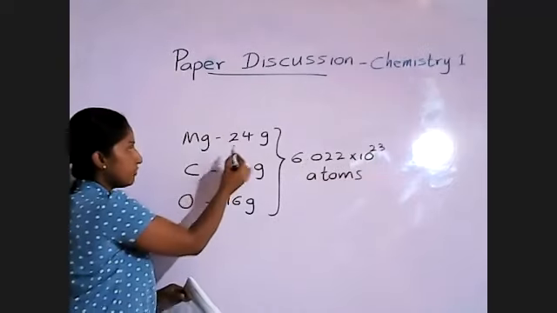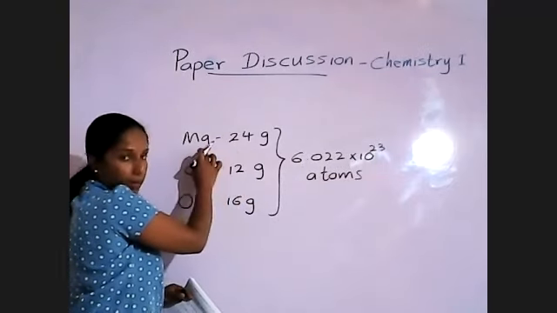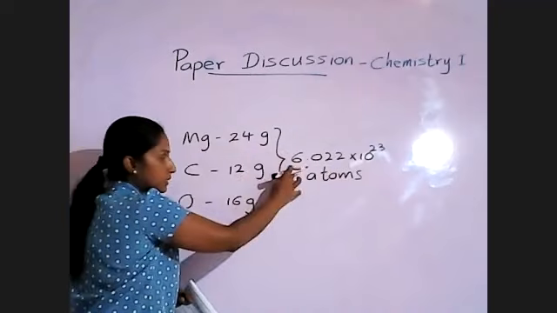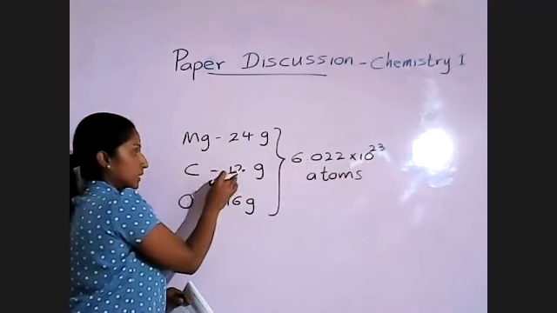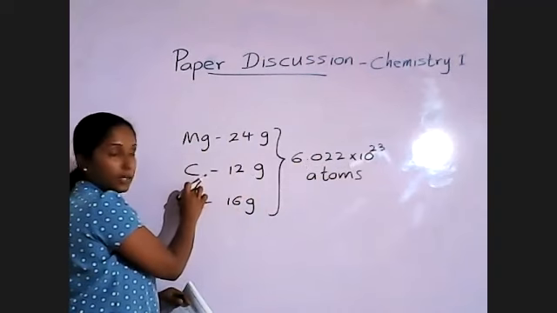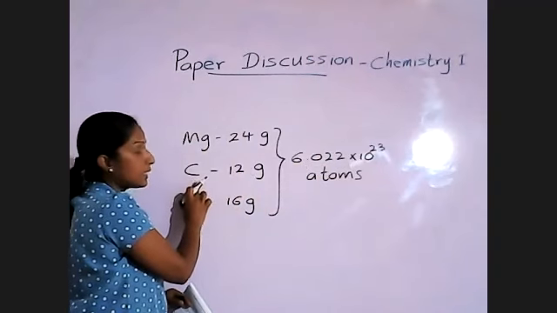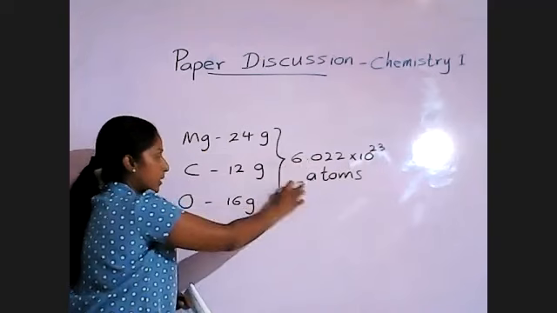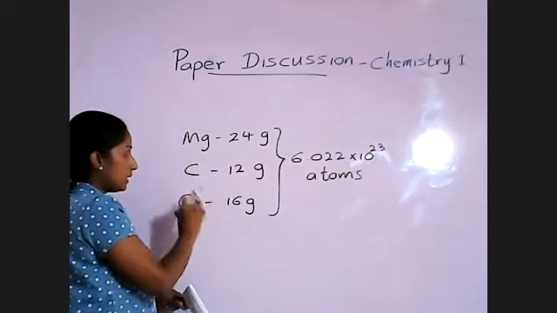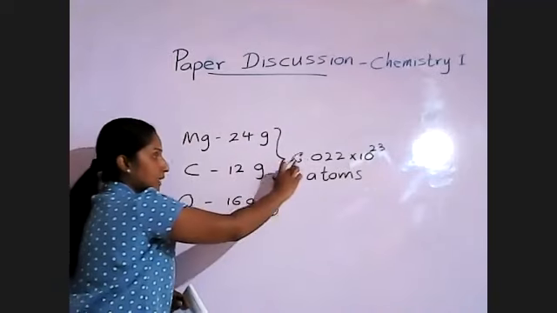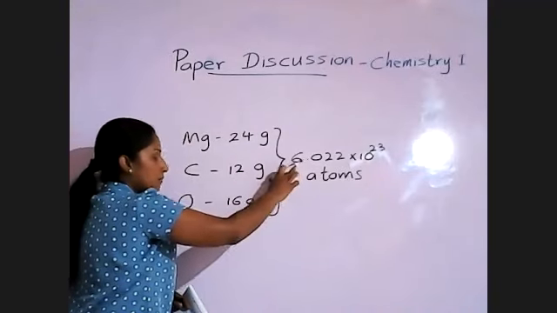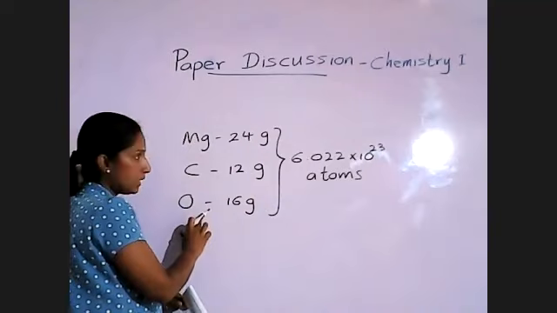Within 24 grams of magnesium, it contains this number of magnesium atoms. In 12 grams of carbon, it contains Avogadro number of carbon atoms. In 16 grams of oxygen, it contains Avogadro number of oxygen atoms.